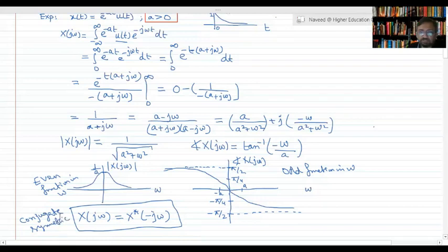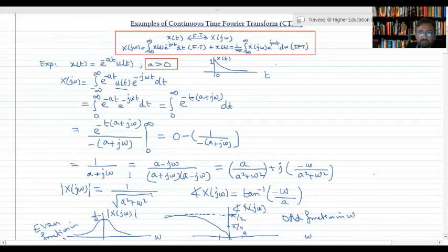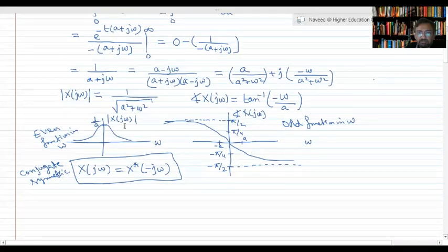Although we have not discussed the properties of Fourier transform, if we try to relate it with the properties of Fourier series that we have already seen, x(t) is a real function. Is it because x(t) is a real function that we are getting the conjugate symmetry of the Fourier transform?